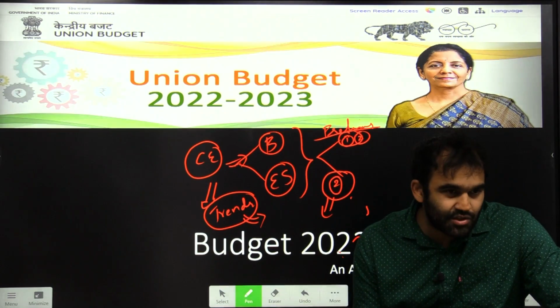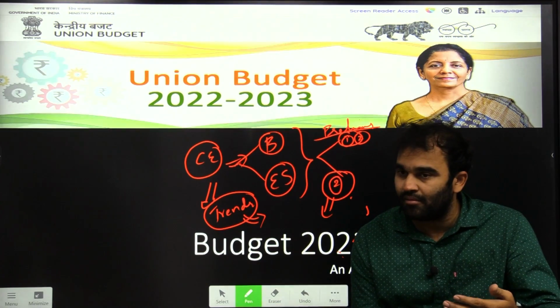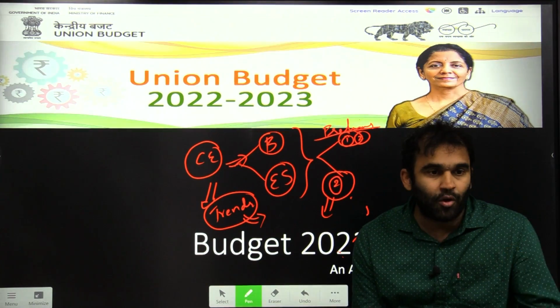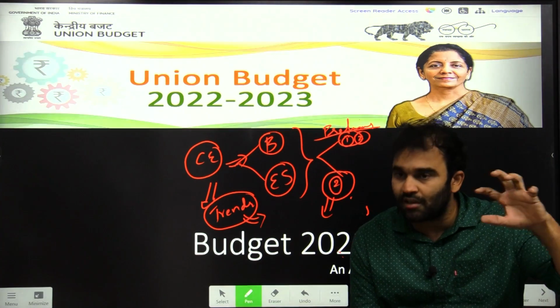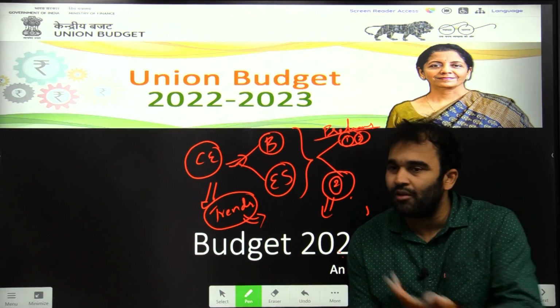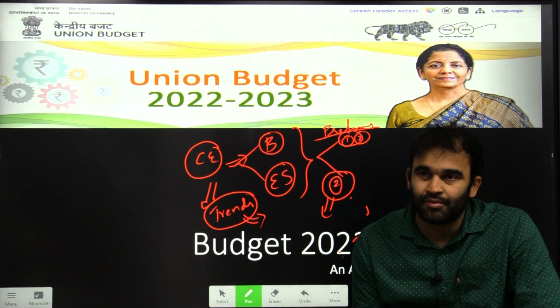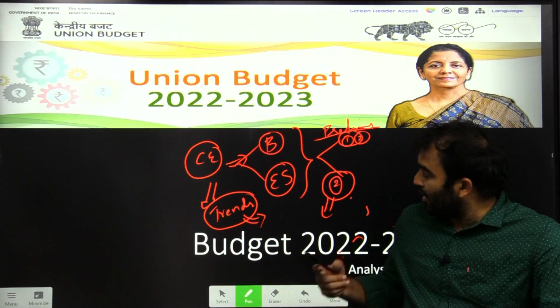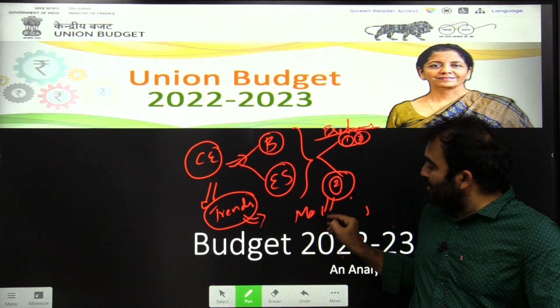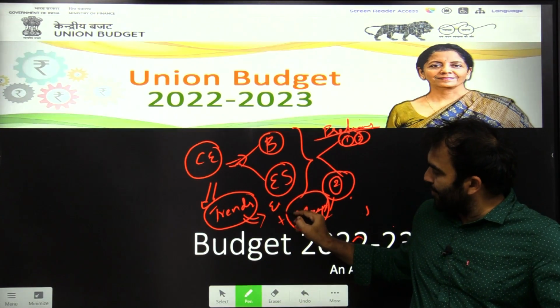So that's one thing which we can use, but again, that's not the main content. When there is a larger structural question touching upon a particular sector, then one point you can use is economic survey. But other than that, when it comes to essay and mains, those are the points that you require always. Mains plus essay.